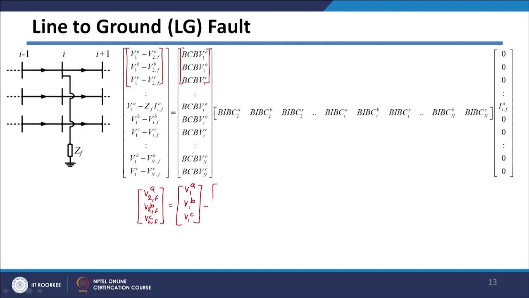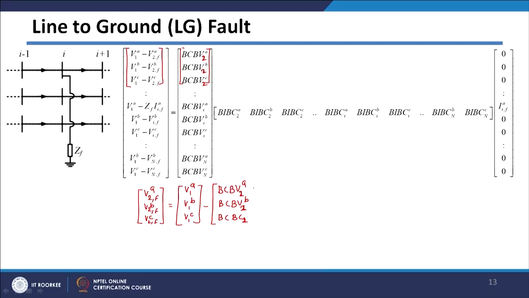minus, and I need to take all the 3 rows now, BCBV 2A, BCBV 2B, BCBV 2C, sorry, here this is 2 actually. So, this is 2 corresponding to the second row, because the first row is a known row. So, the first node is a known node.